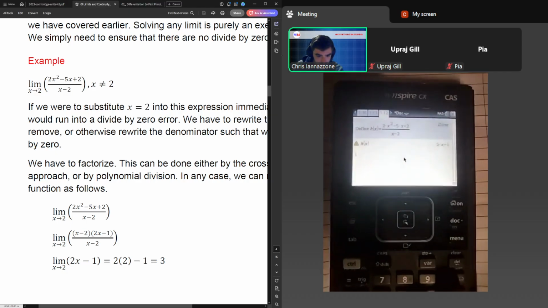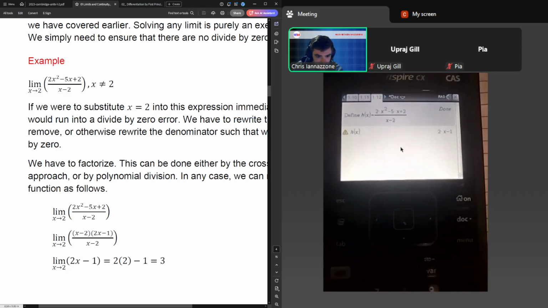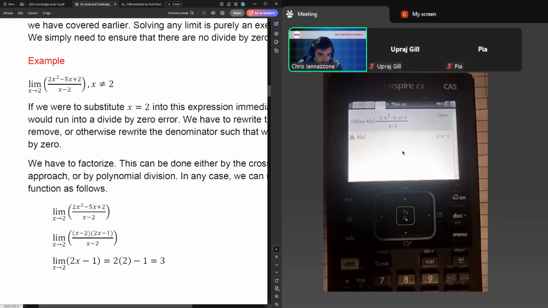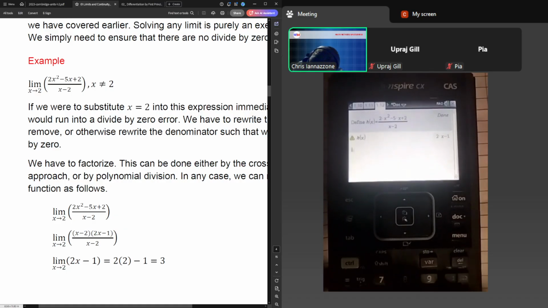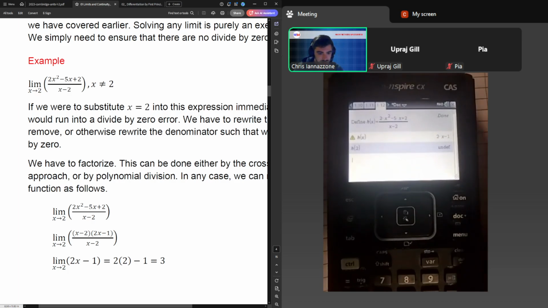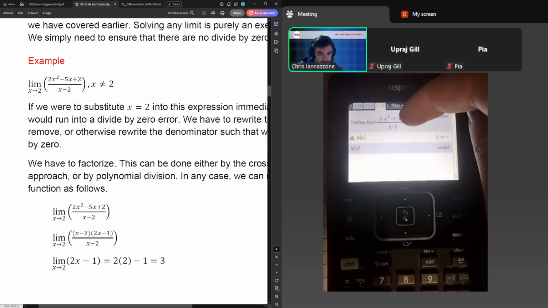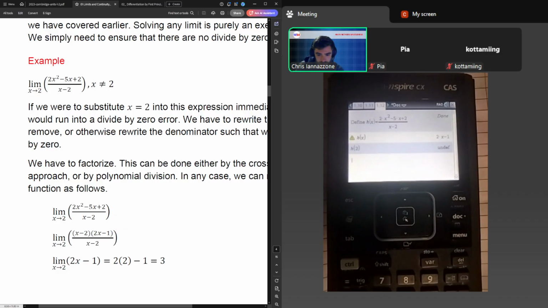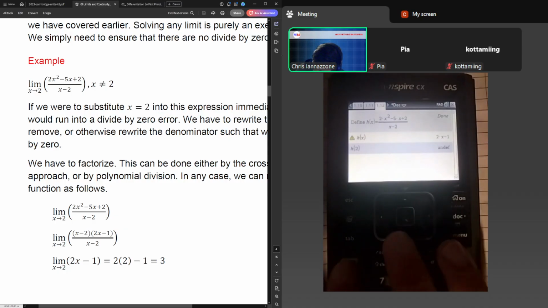So what we're essentially seeing is that, yes, this fraction can be simplified into 2x minus 1, but when I go ahead and test h of 2, it gives me undefined. Because even though it simplifies to 2x minus 1, the original function has a discontinuity at that spot. For that reason, we run into an issue.